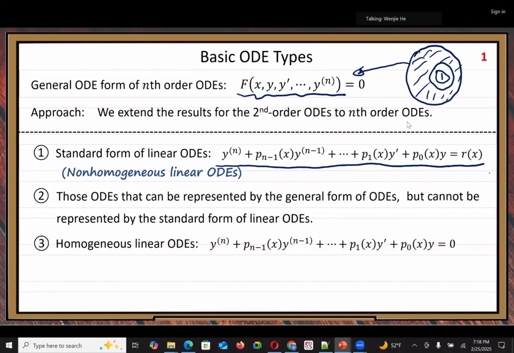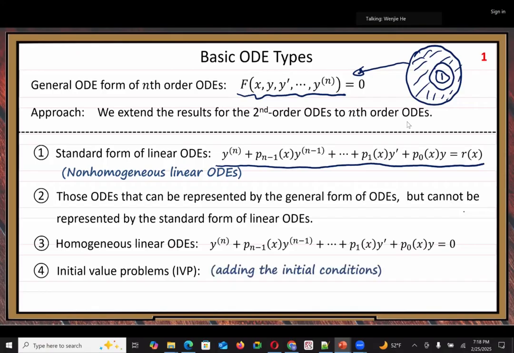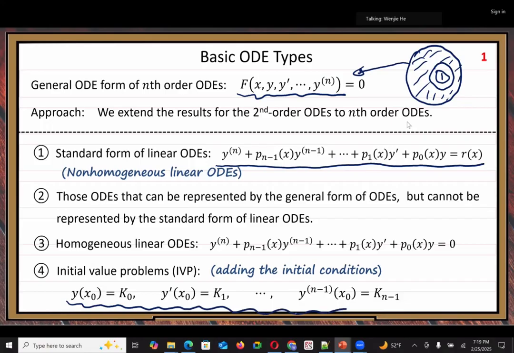So that R function is 0. The fourth type, initial value problems. But this time, for the initial value, here you see the initial condition: y of x0, y prime of x0, and so on.